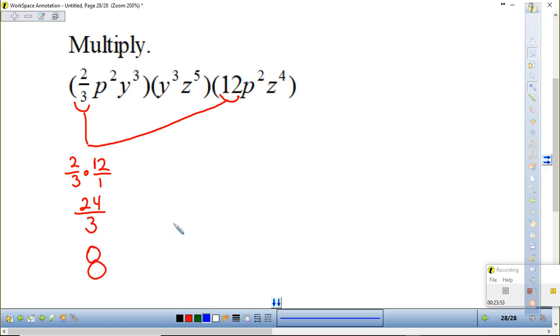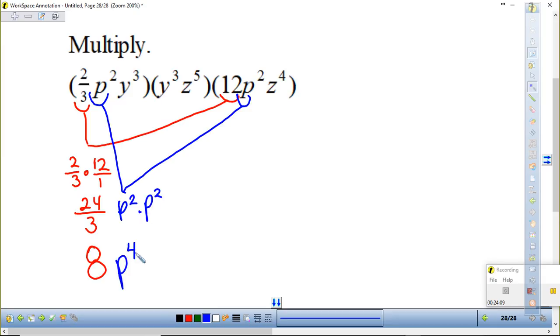Let's go with the variables. P squared. Is there another p somewhere? Yes, over here. So p squared times p squared is what? P to the fourth. There it is. All right. Next, y. Is there another y somewhere?